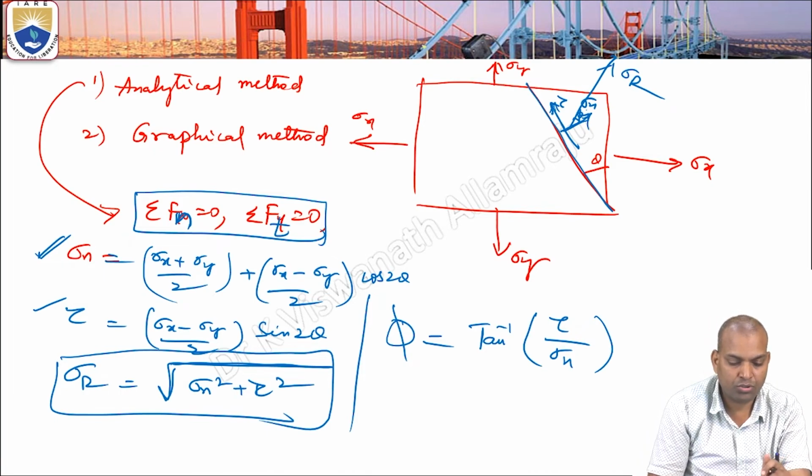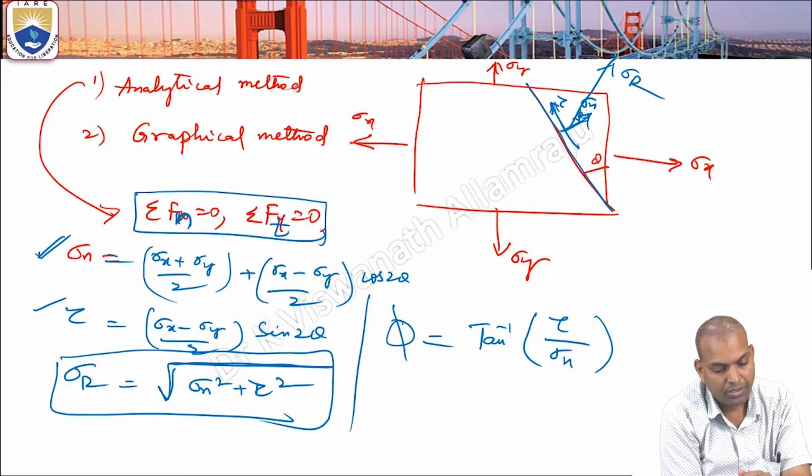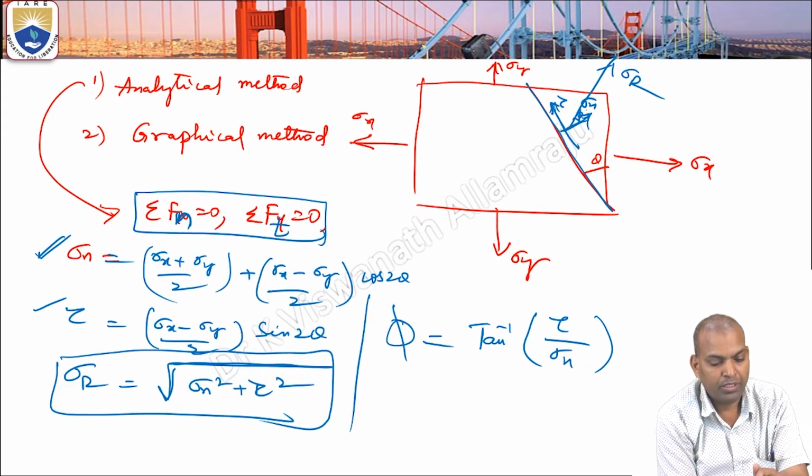By using these two equilibrium conditions, we derived the formulas for sigma n, tau, sigma r, and phi.